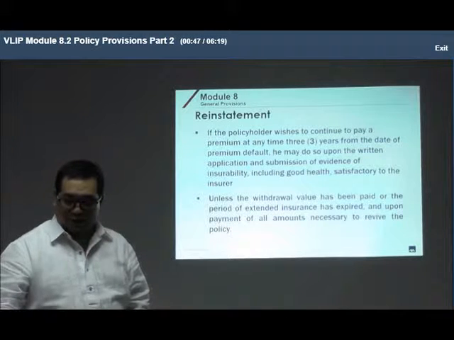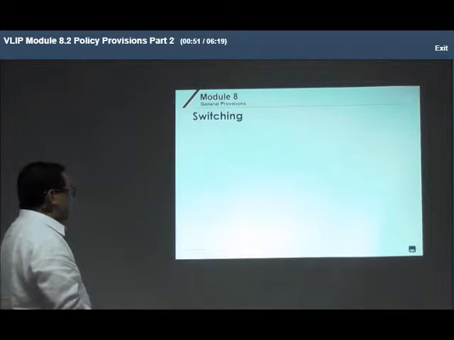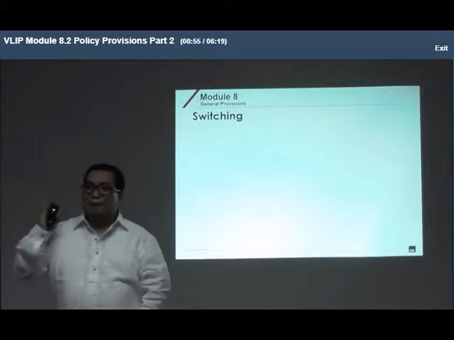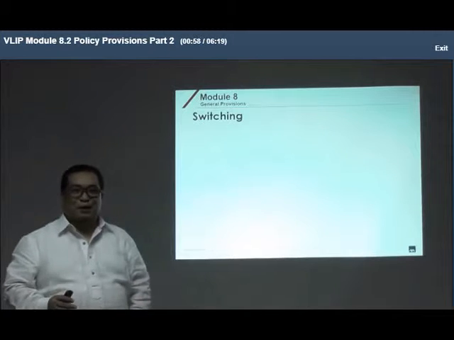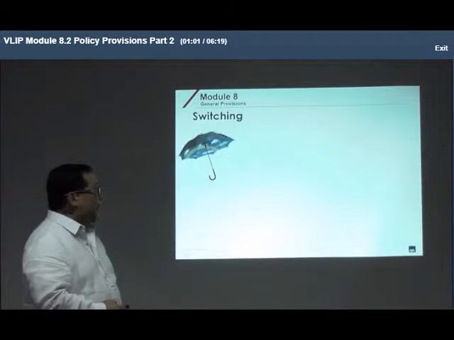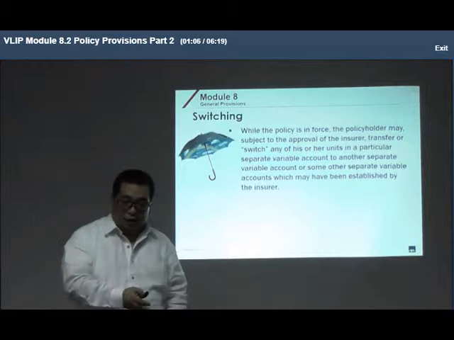Any questions? Let us proceed if there are no more questions. We said earlier that one of the benefits of buying a variable life insurance policy is fund switching. Of course, the client has the option to switch from one fund to another.